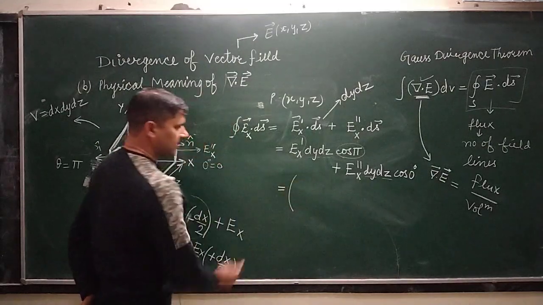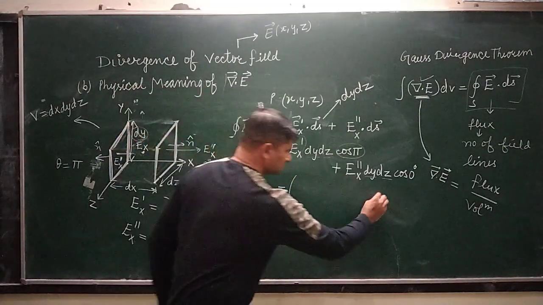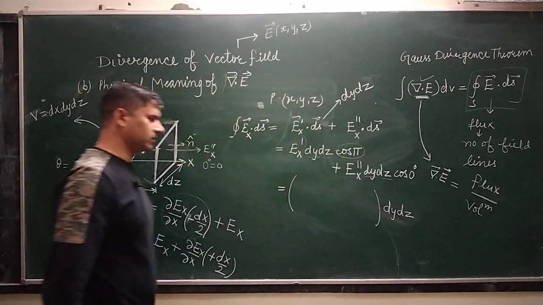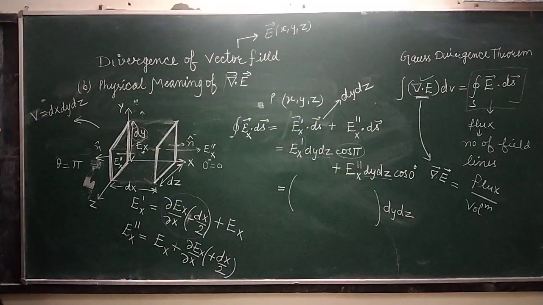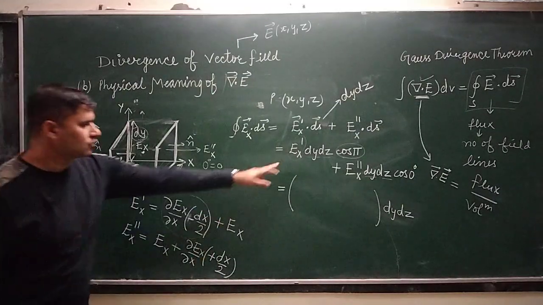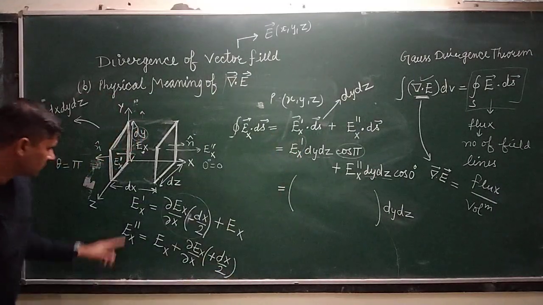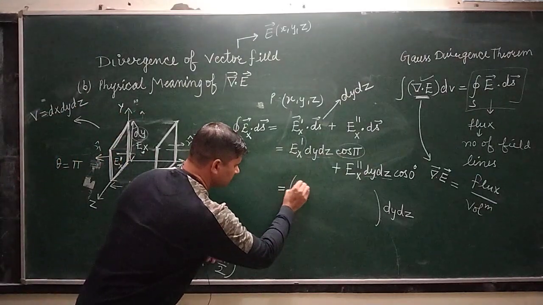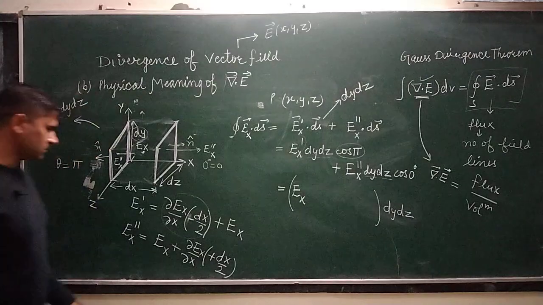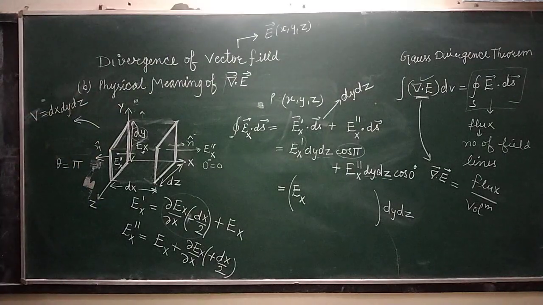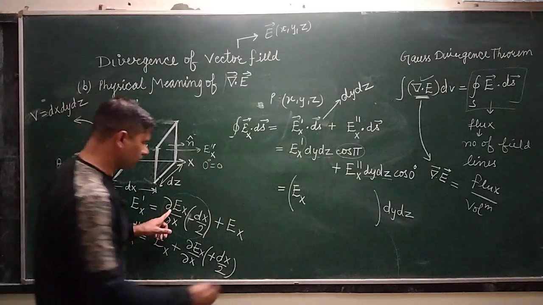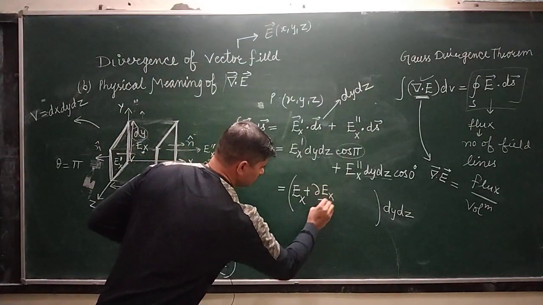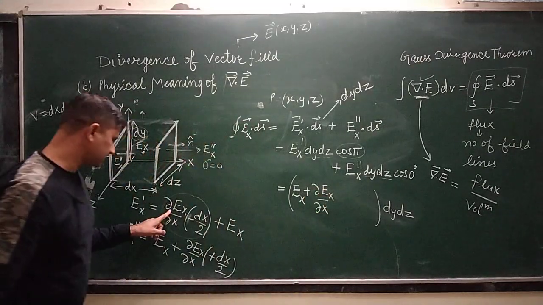Okay, and let me substitute the value of, here I will write dy into dz. Clear? This is the surface area, and the value of Ex1 is this thing. So firstly, this is Ex, and you have plus curly Ex by curly x.